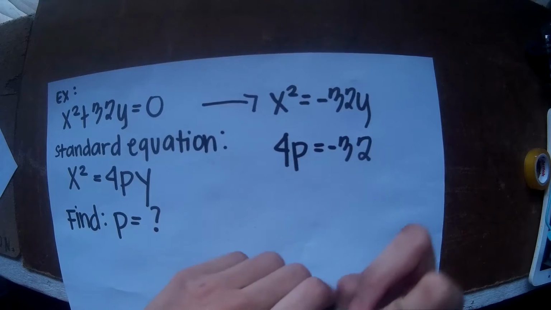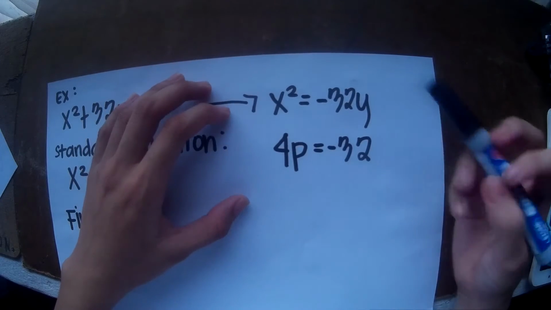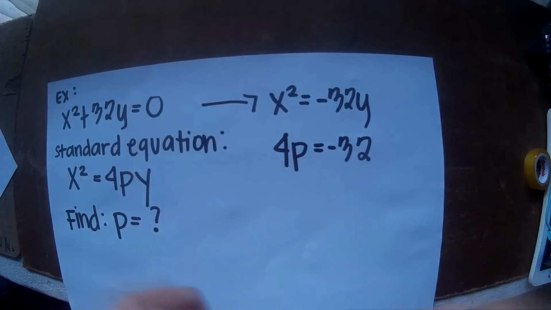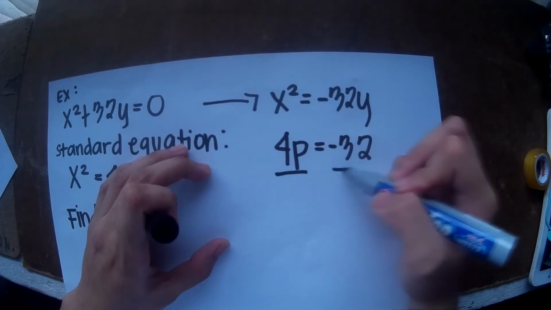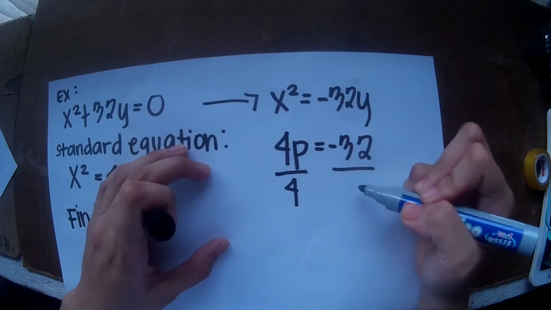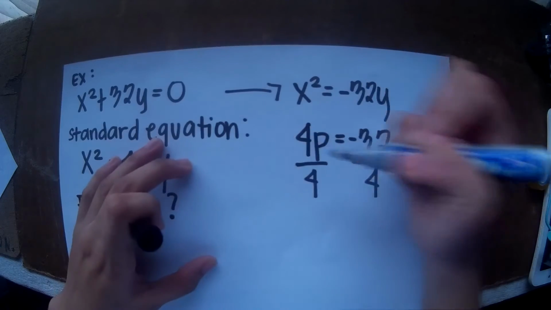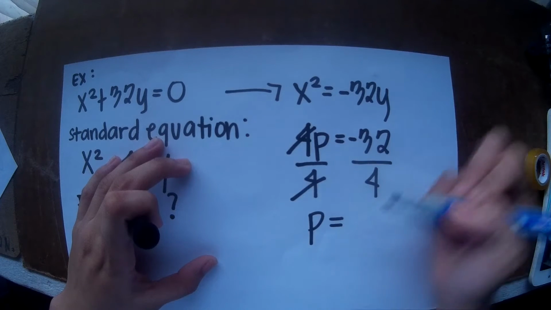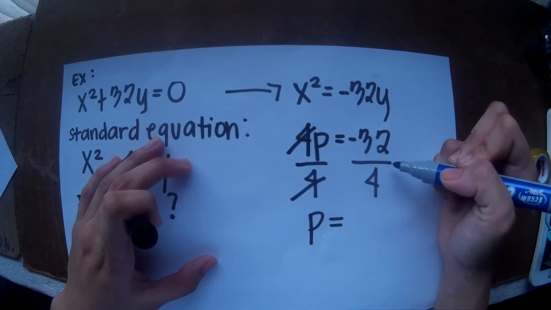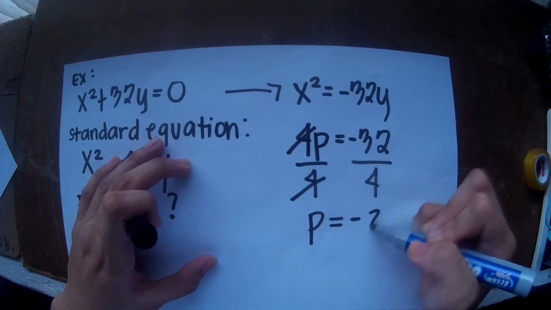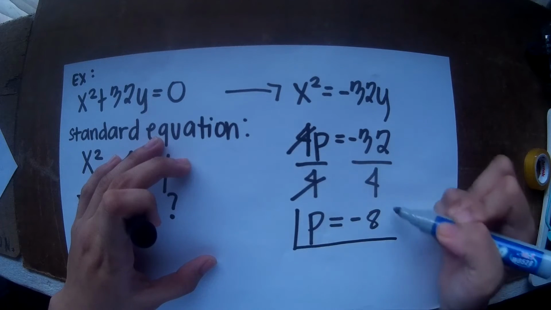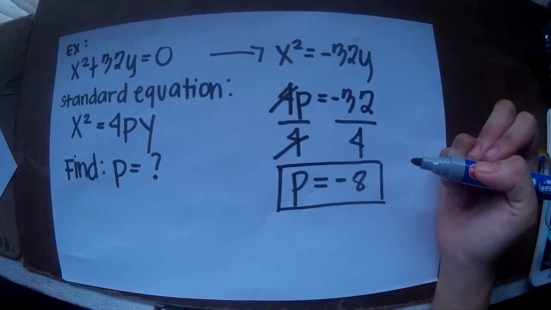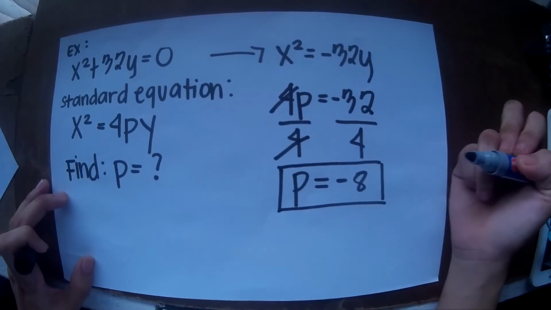Since the numerical coefficient of the variable p is 4, we need to divide both sides by 4 so that p will remain. So cancel this out. It's going to be p, and negative 32 divided by 4 is negative 8. So this is now the value of our p. So our p is negative 8.